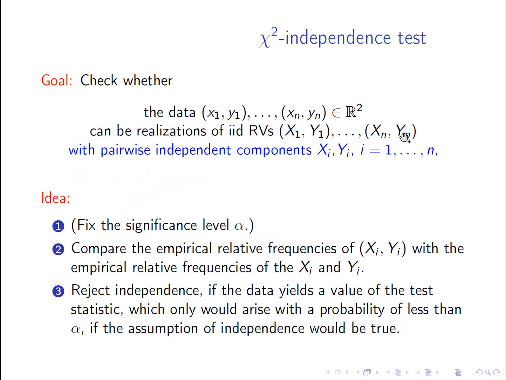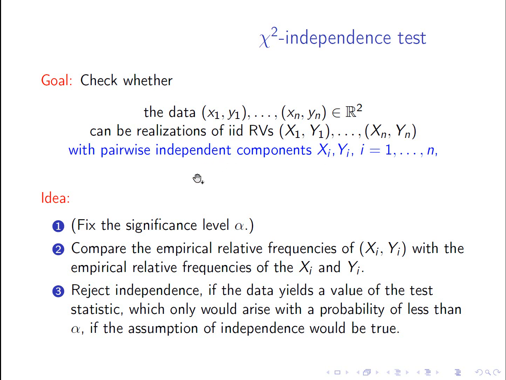Okay, and let's start with the chi-square independence test. The goal is to check whether the data x1, y1 up to xn, yn can be a realization of IID random variables x1, y1 up to xn, yn with pairwise independent components xi, yi. So we have IID copies of x and y, and we want to check whether x and y are independent.